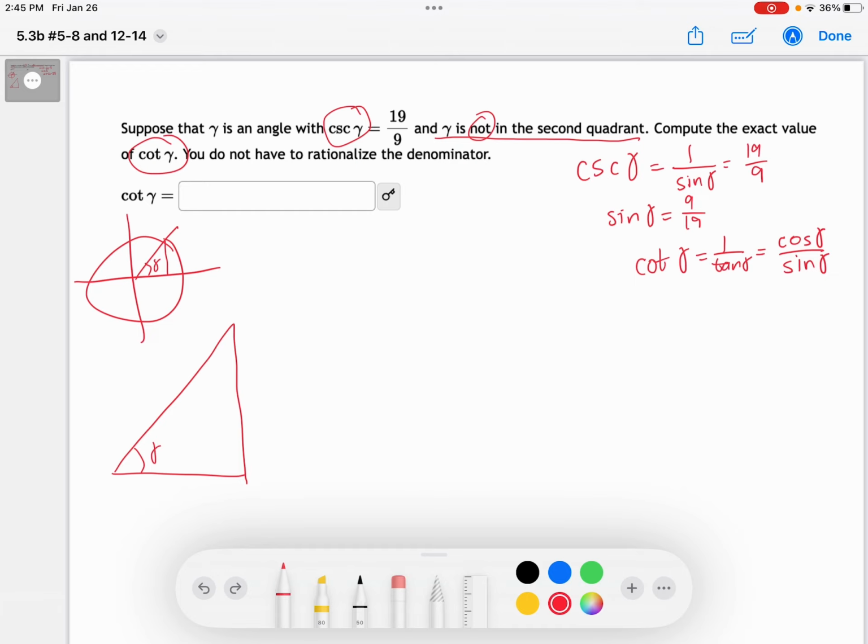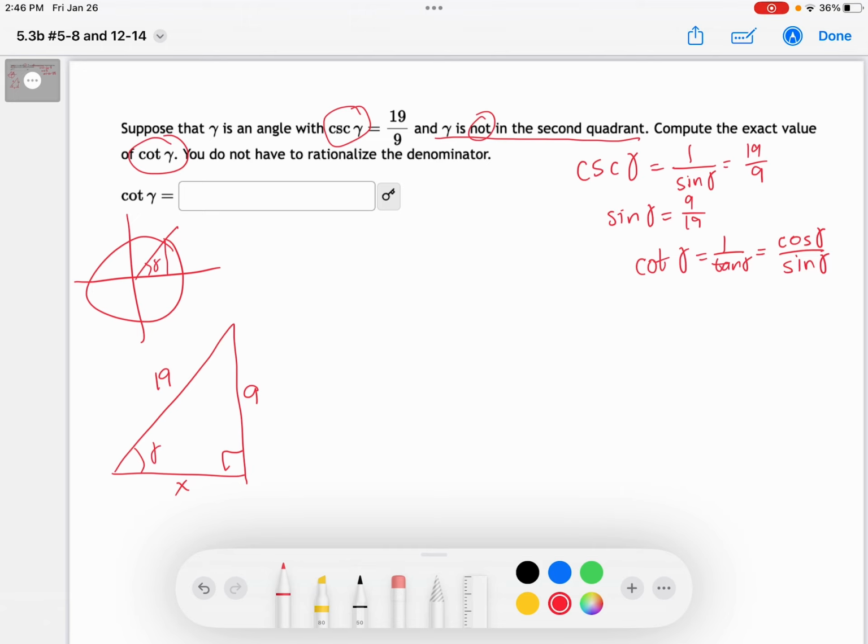The first way is I could think about this triangle here. Well, if this is gamma, sine is opposite over hypotenuse, so 9/19. And if I knew what this length was in this right triangle, then I'd be good. I could say, well, cosine is adjacent over hypotenuse.